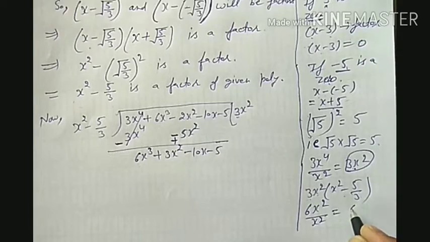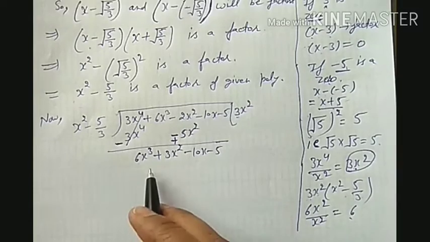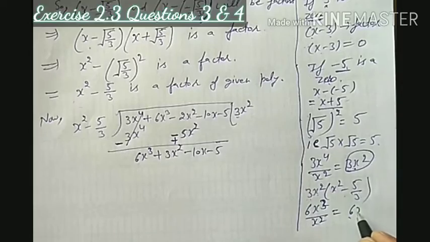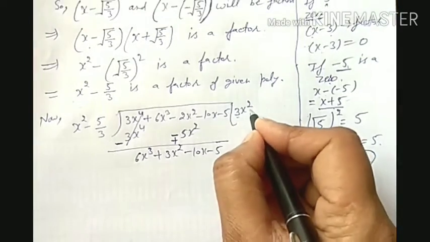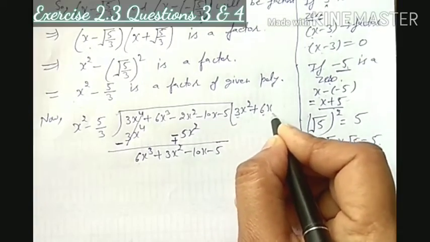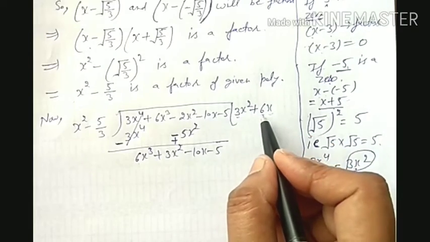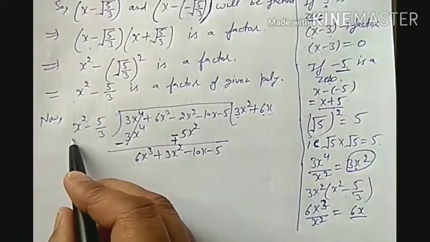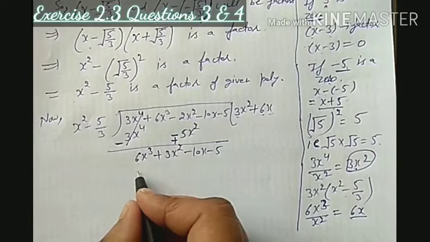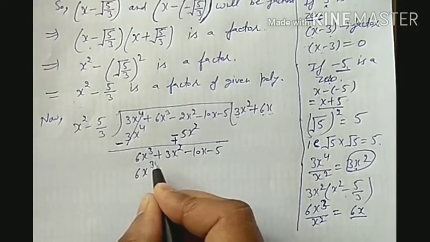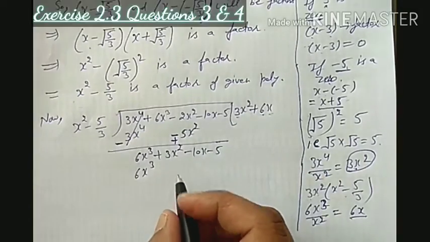Then we get 6x cube, so we get 6x. 6x is the second term of quotient. Now we will multiply 6x to the divisor. So we get 6x cube minus 10x.